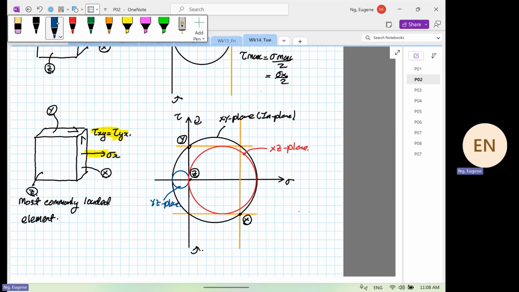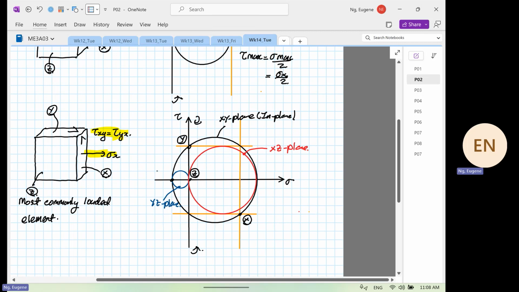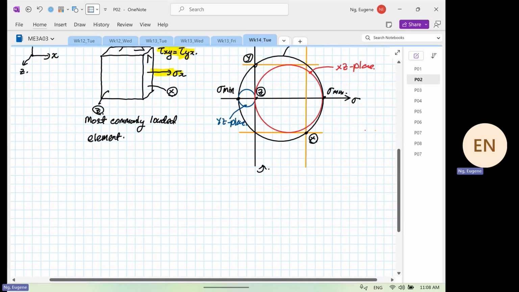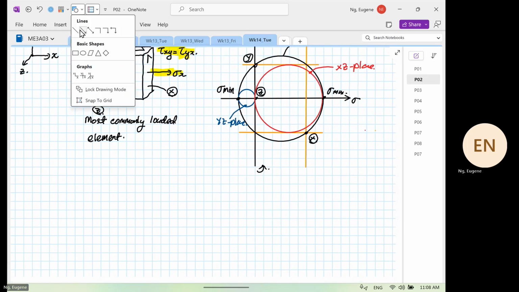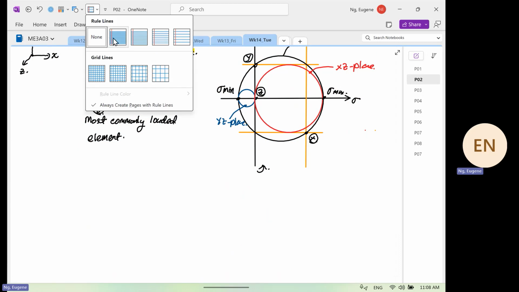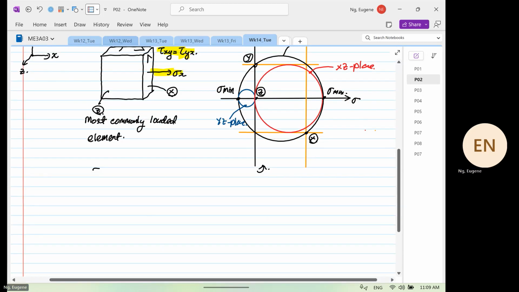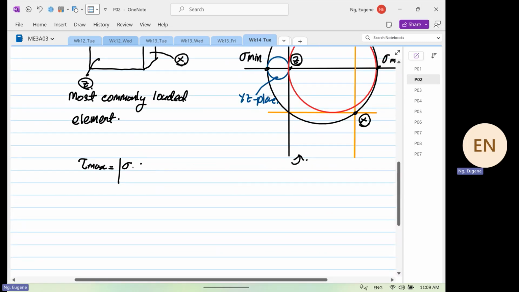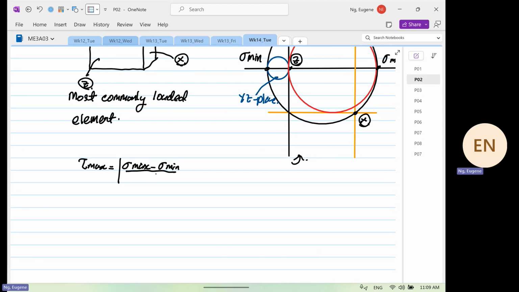So when this is the case, over here, this is your stress mean, and over here, this is your stress max. So we can calculate tau max. For this case, we can determine that tau max is equal to stress max minus stress mean, divided by 2.